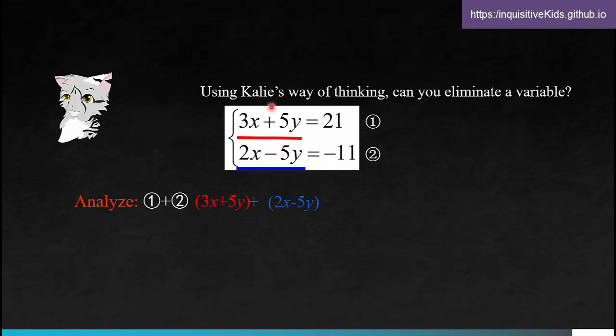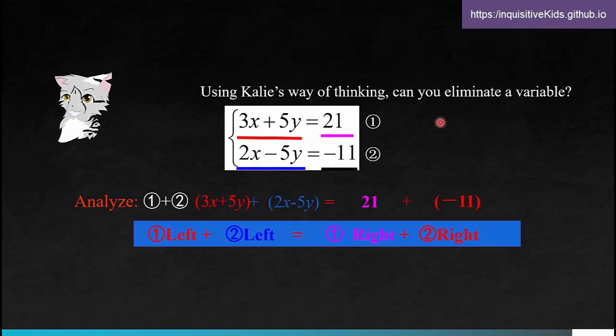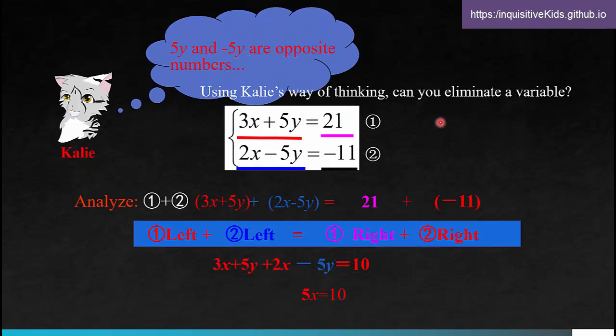You can think of both of these as whole expressions, and we're adding them. On the right side, we have 21 plus negative 11, and that's highlighted in black. So basically what we're doing is adding the left side of both equations and adding the right side of both equations. Therefore, we get x = 2.